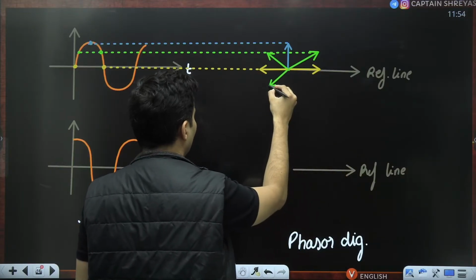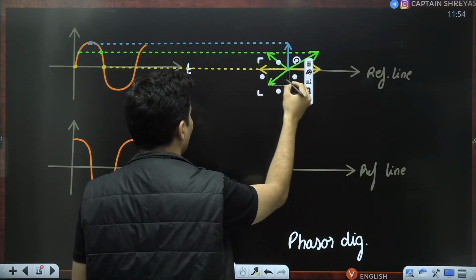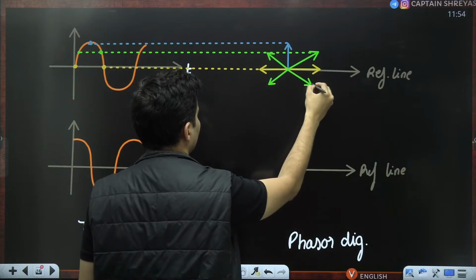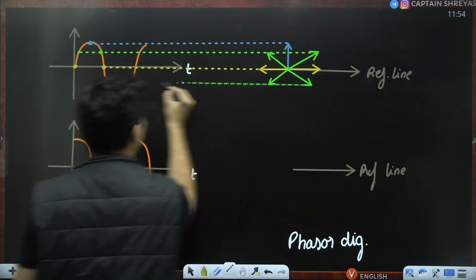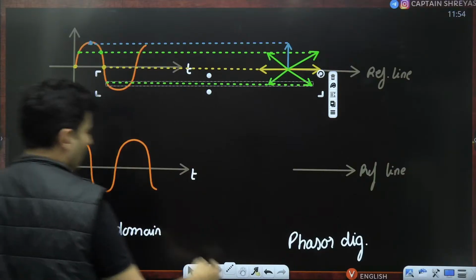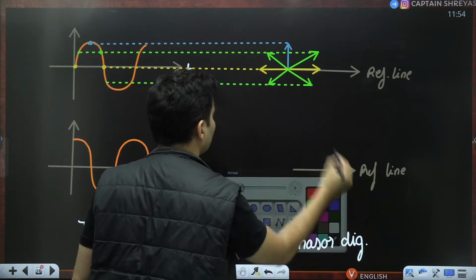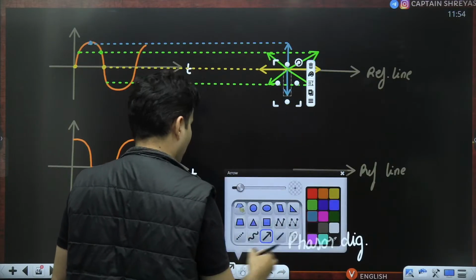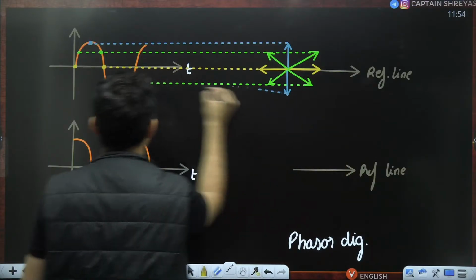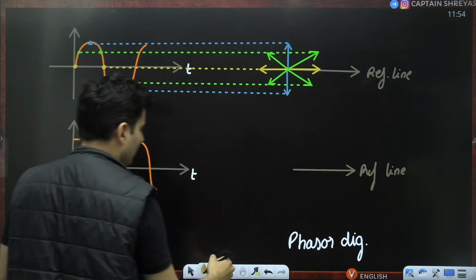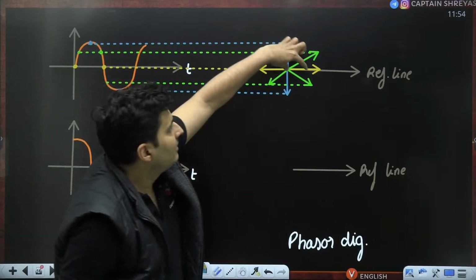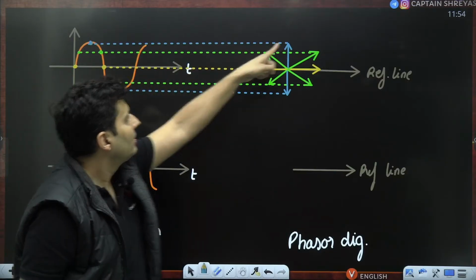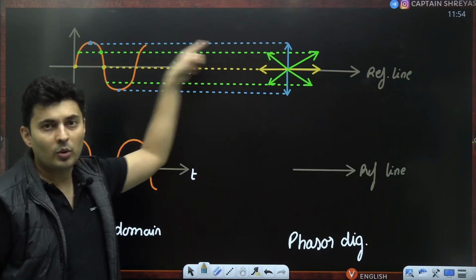You can go down like this also, and you will see the downward values as well over here, and then the maximum value down like this over here.